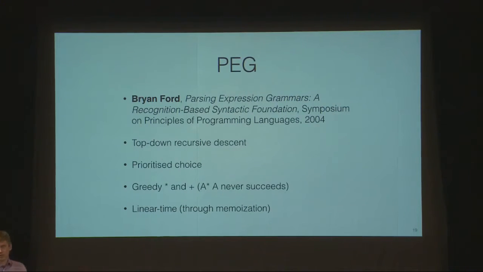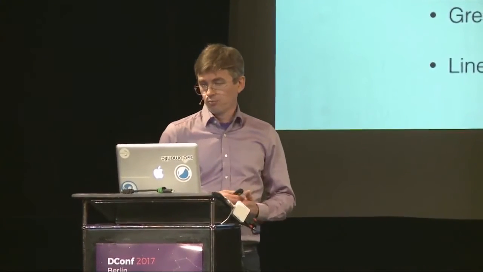It uses prioritized choice as opposed to unordered choice, meaning that it accepts the first option that matches and disregards any remaining options. And greedy operators, meaning that repeated elements consume as much input as they can. And together with memoization, this produces parsers that parse in linear time.